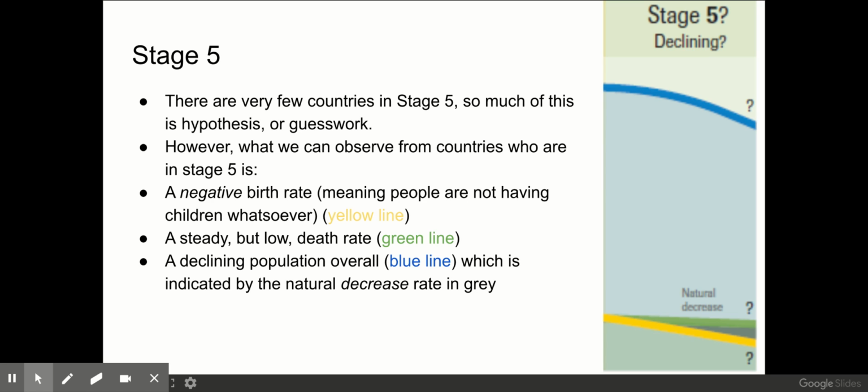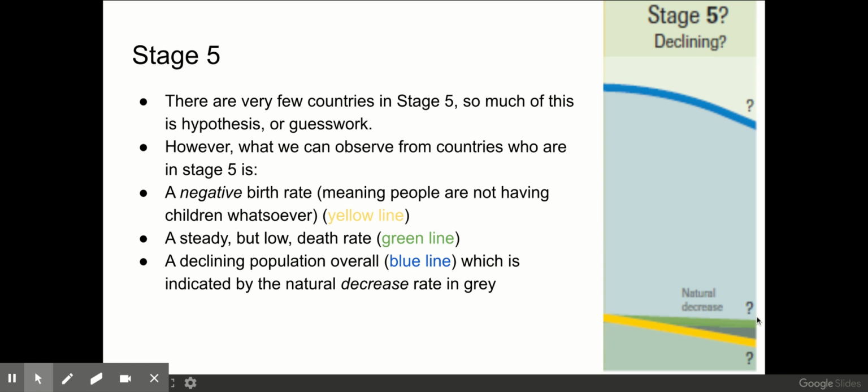And stage 5. There are very few countries in stage 5, so much of this is hypothesis or guesswork. However, what we can observe from countries who are in stage 5 is the following. We see a negative birth rate, meaning people are not having children whatsoever, and a steady but low death rate.